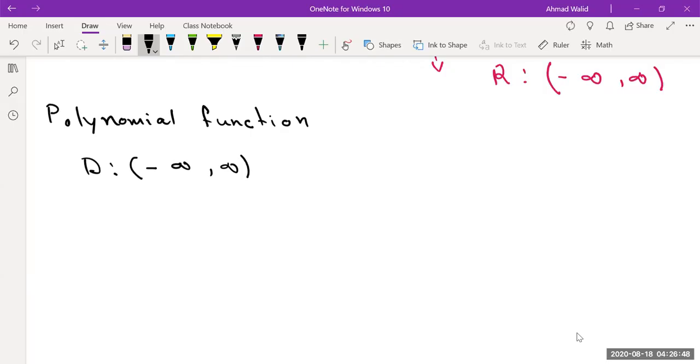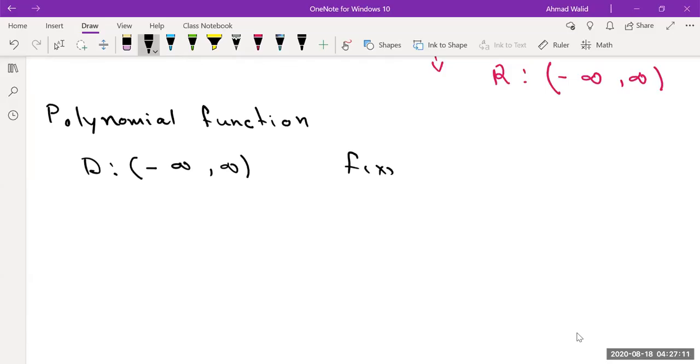You don't even need to draw a table. You don't even need to think about what the domain of this function is. The domain for all polynomial functions starts from negative infinity to where? To positive infinity, correct?